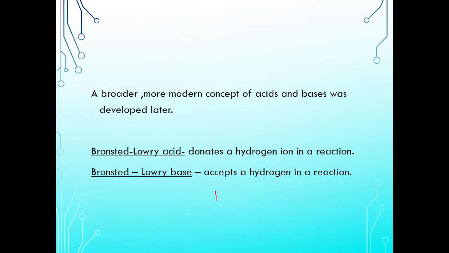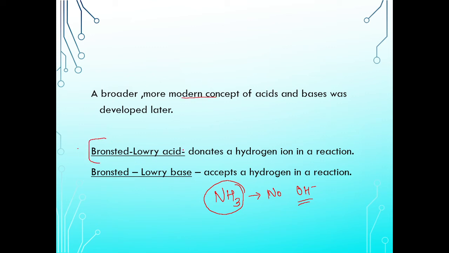So for example, ammonia. In this there is no hydroxyl ion, so it cannot release hydroxyl ion. So the new concept that comes is also known as the modern concept.